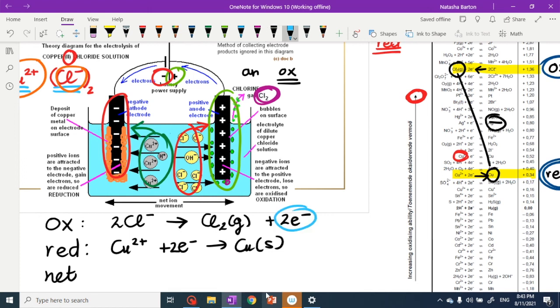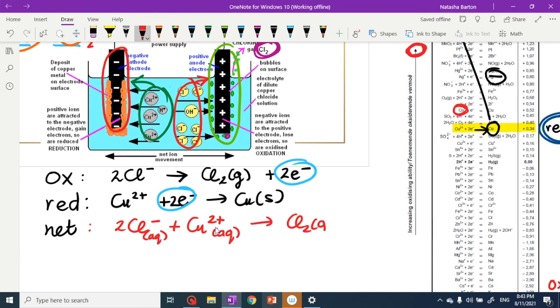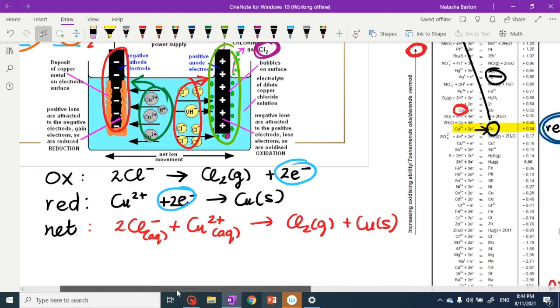Since the electrons are already balanced, we now can go on to write the net reaction. In this case, it's 2Cl- plus Cu2+, both aqueous because they're in solution, forming chlorine gas and copper solid. And this is your net equation for the reaction that takes place during the decomposition of copper chloride.